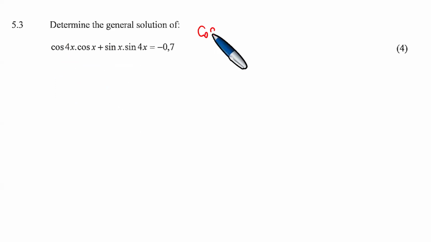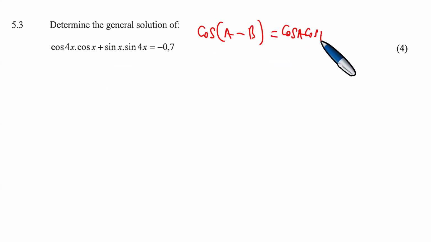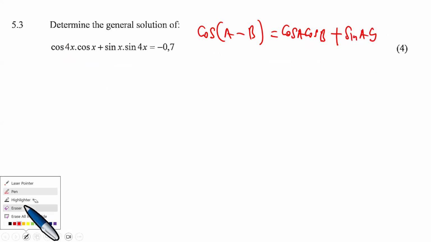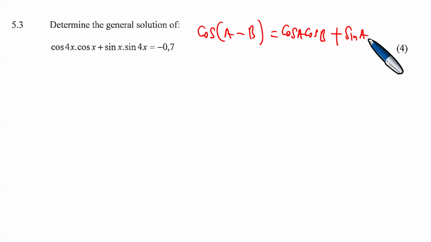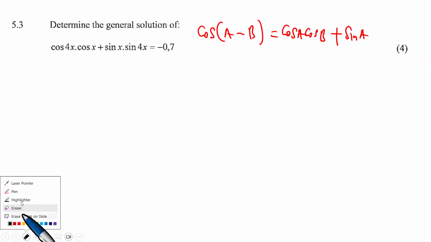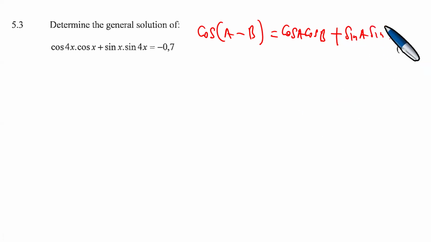It's the same as cosine of A minus B. Cosine of A minus B is cosine A cosine B plus sine A sine B. So it's going to be cosine of 4x minus x.